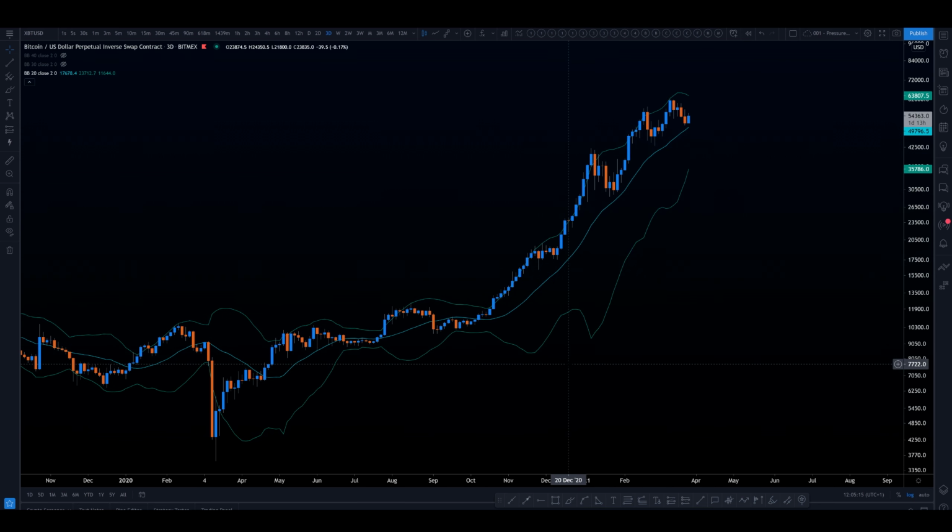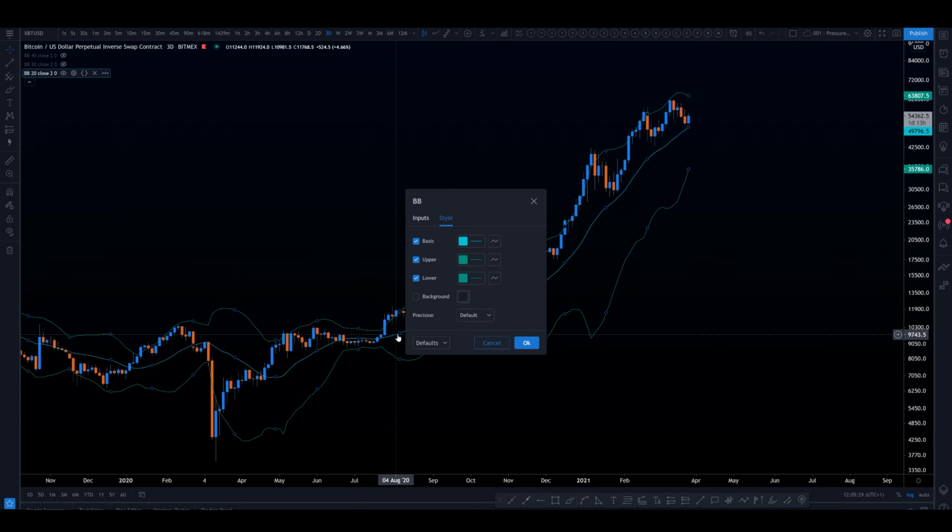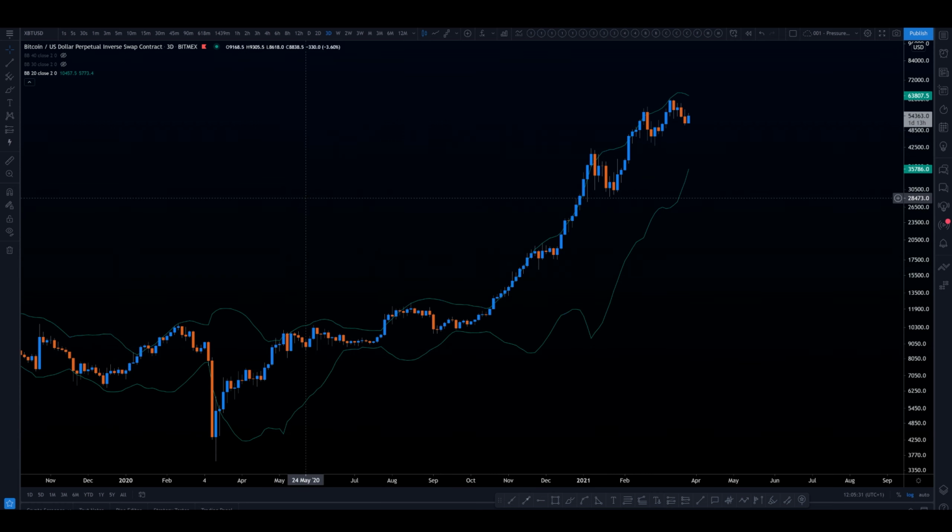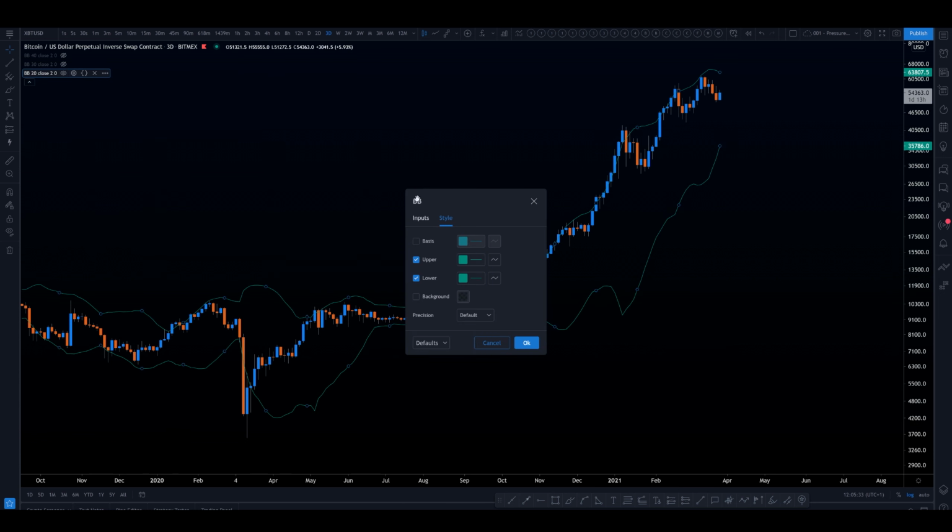So how do you use Bollinger Bands effectively to find pressure zones? This is one way. You can look for very tight ranges like this, and you can expect a pressure zone to be there. But there are even better ways. The settings I'm using here are the default settings with a standard deviation of 2 and a length of 20.